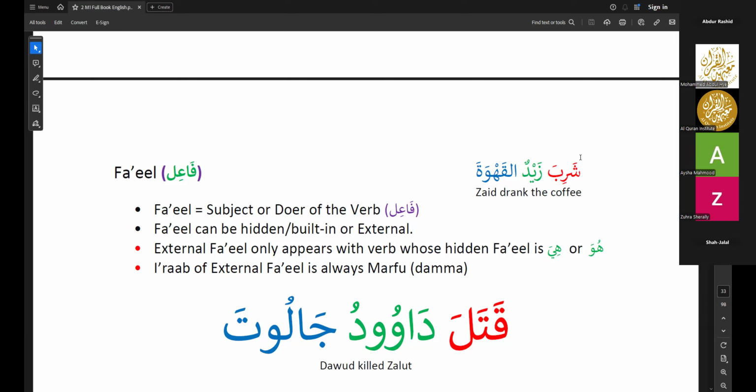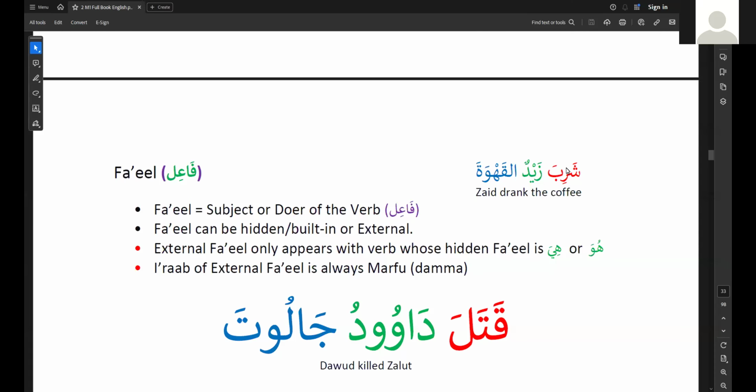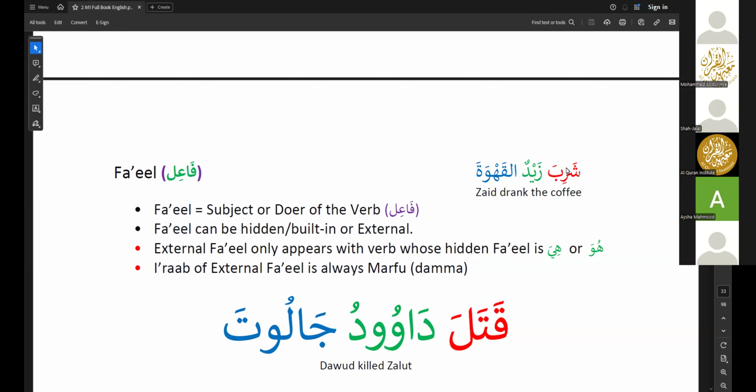Shariba can have 14 siga, like hum, hiya, huma, hunna, anta, antuma, antum, anti, antuma, antunna, ana, nahnu.